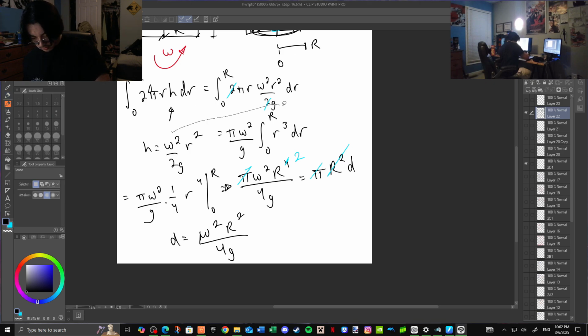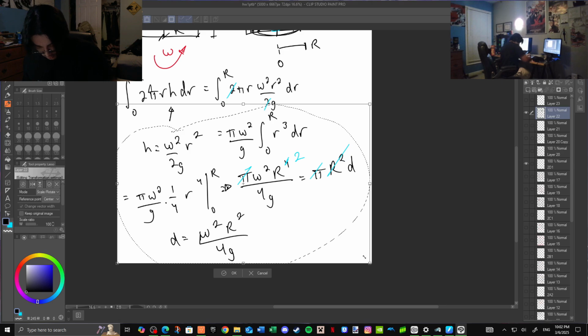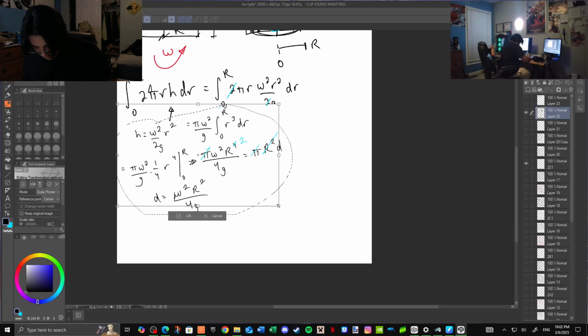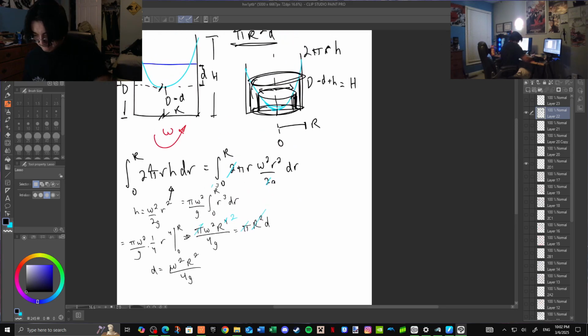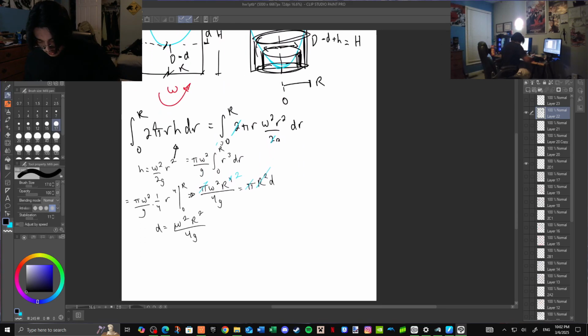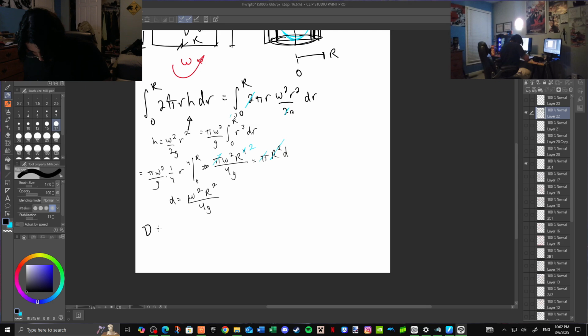So let me just create more space here. All right. So big D minus little d. We found little d to be omega squared R squared over 4g.